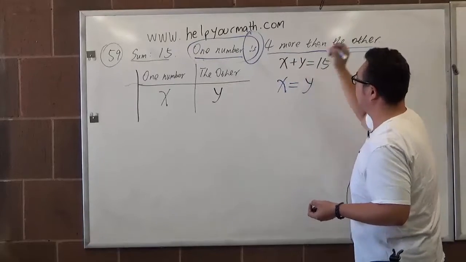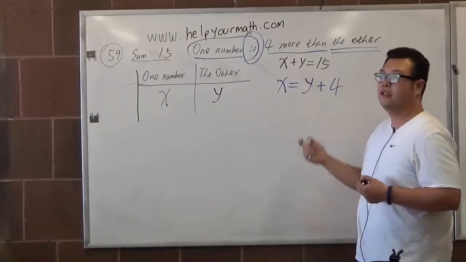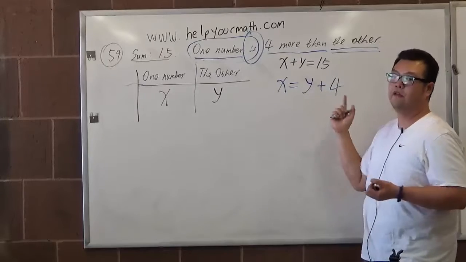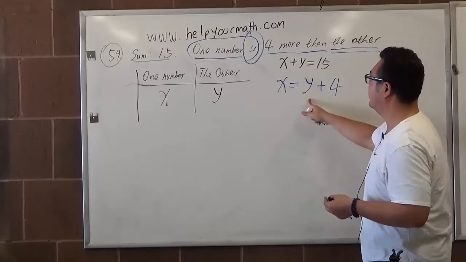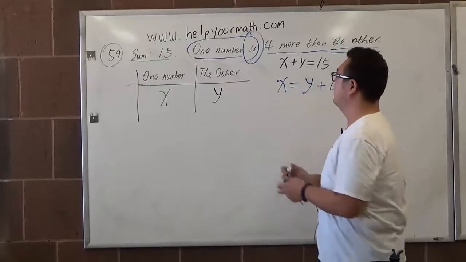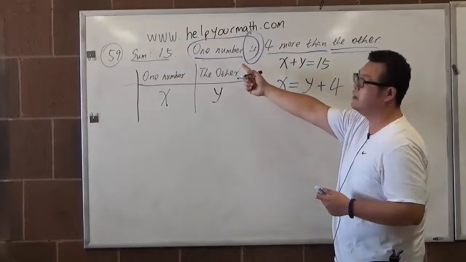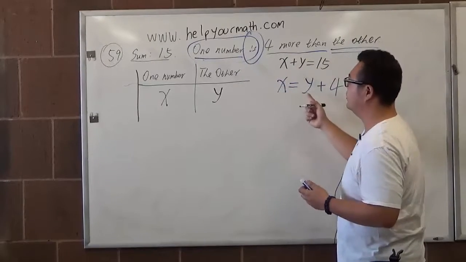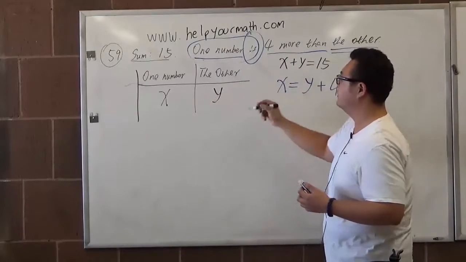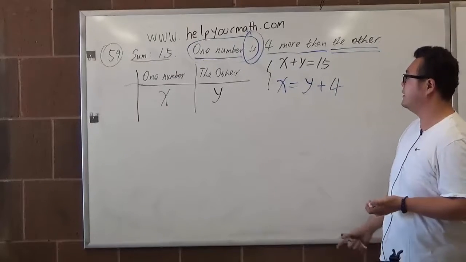Your other number is y, and 4 more than the other number will be y increased by 4. So the other number increased by 4 will give you the x. That setting up is important, and we directly translate that into the equation we will get.